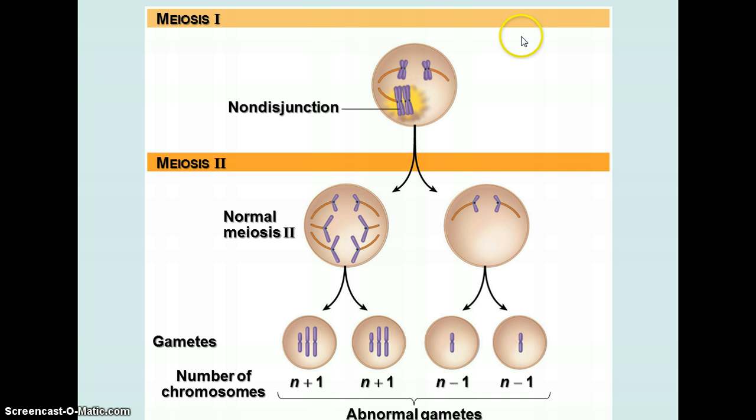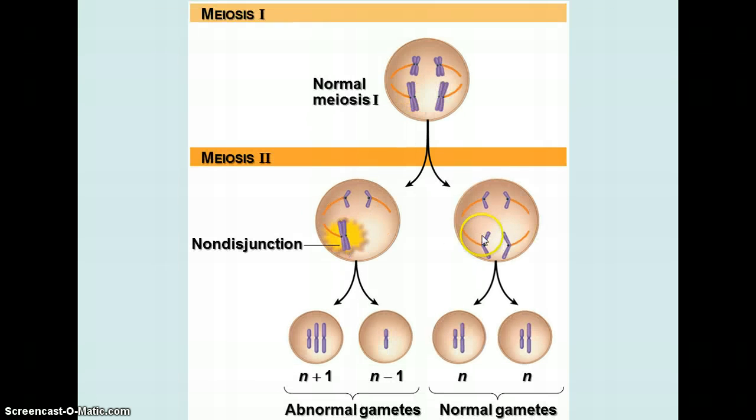In meiosis 1, non-disjunction would occur in anaphase, where instead of the tetrad separating into 2 chromosomes, you end up with 1 tetrad that doesn't get separated. In this case, all of your gametes would be abnormal. 2 of them would have 3 chromosomes here, and 2 of them would have only 1. The chances of survival of individuals resulting from fertilization of these would depend on what chromosome it was that was affected.